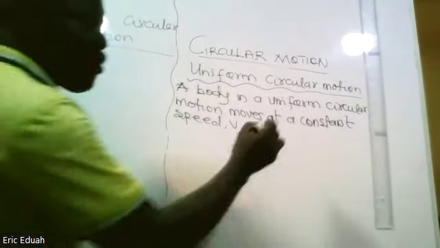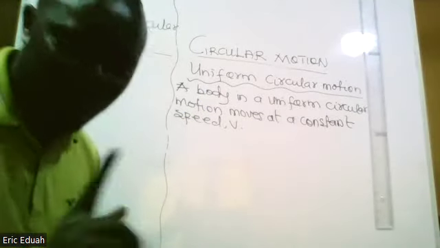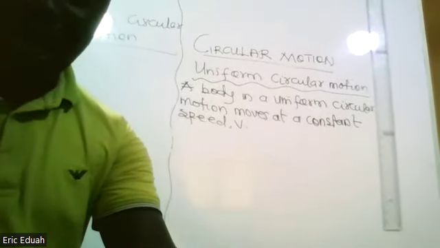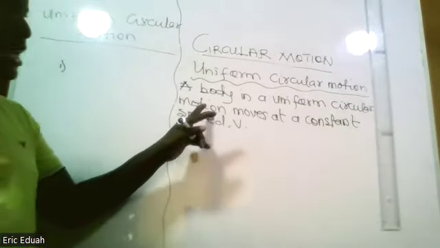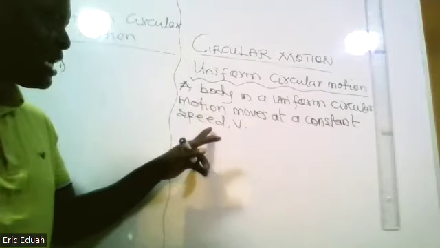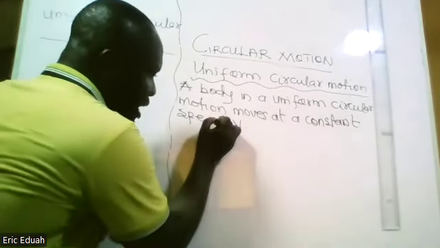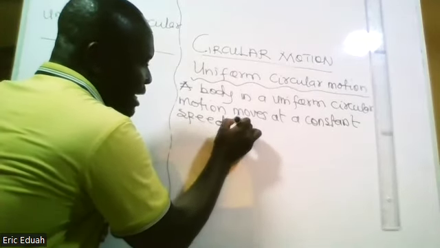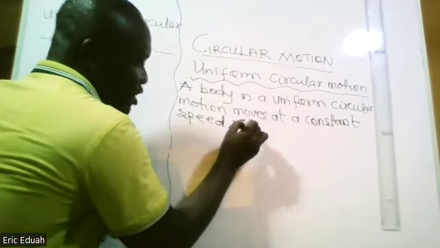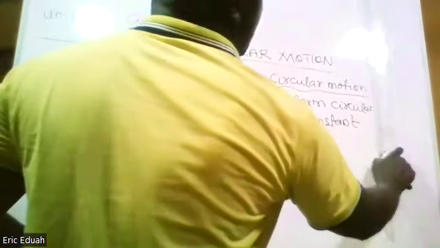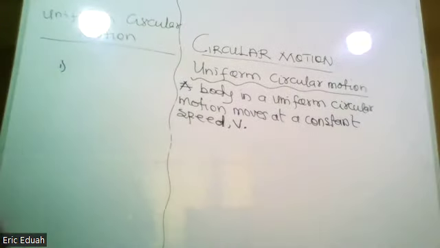I mean constant speed. I'm not talking about constant velocity. They are not the same here. So a body in a uniform circular motion moves at a constant speed. We are representing the constant speed by the letter V. So under this discussion, when you see V, we are referring to the constant speed of the body.